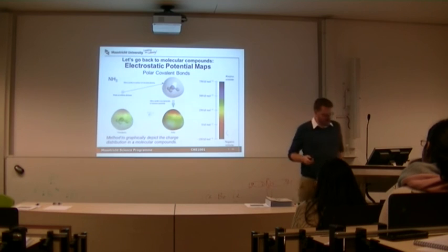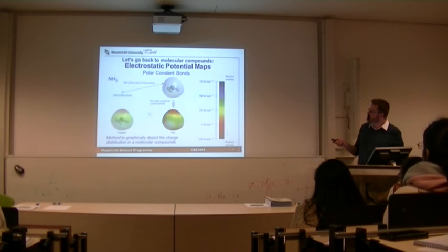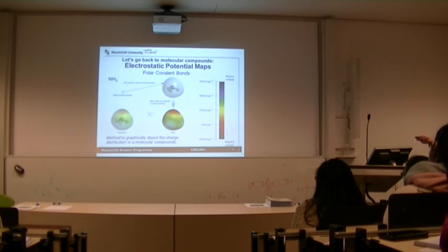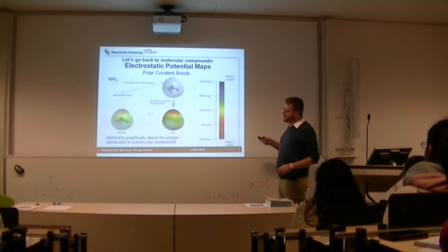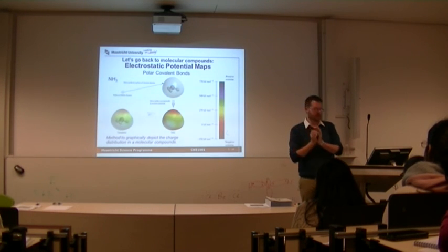So what we see here is ammonia, and nitrogen and hydrogen obviously have different electronegativities. If we model this on a computer, you can see that these nitrogen-hydrogen bonds are in fact polar, because there is a difference in electronegativity. Each individual nitrogen-hydrogen bond is polar, and the molecule as a whole is also polar.